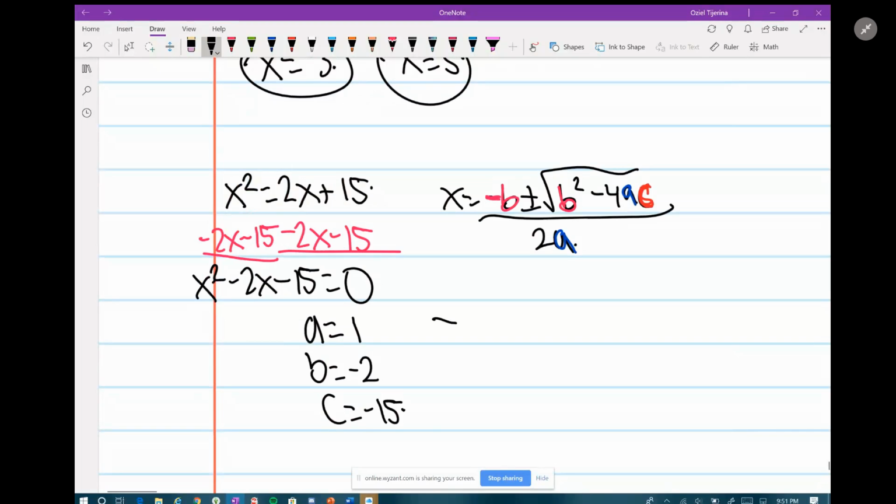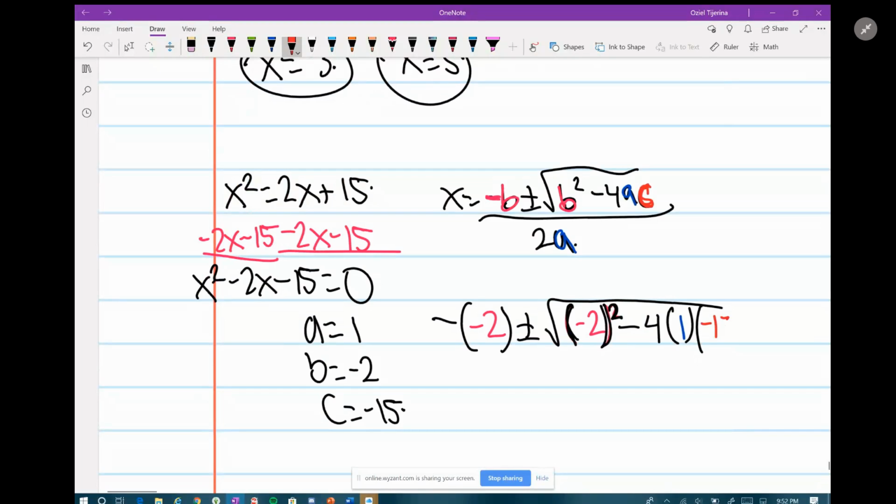So we have negative, and our b equals -2, so negative of -2, plus or minus the square root of -2 squared, minus 4 times 1 times our c, which is -15, and then it would be all over 2 times 1.